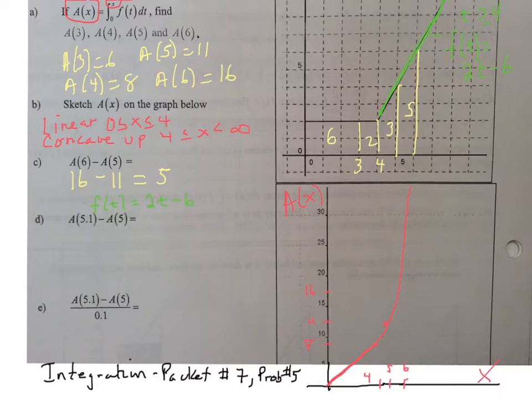So, things to notice. Since between 0 and 4, f of t is a constant function, the accumulation is at a constant rate. That leads to the linear part of the curve in here up until 4.